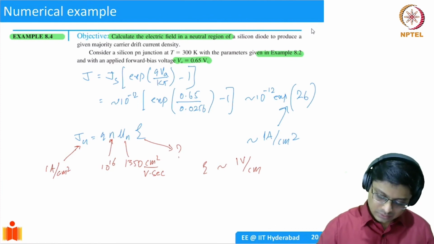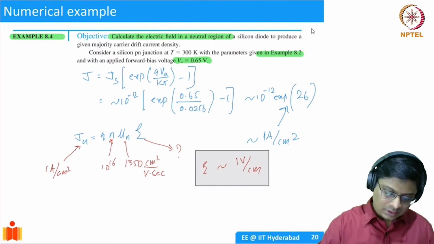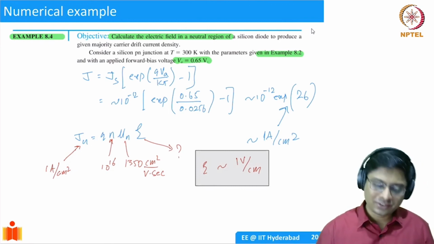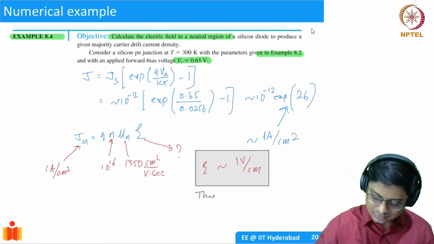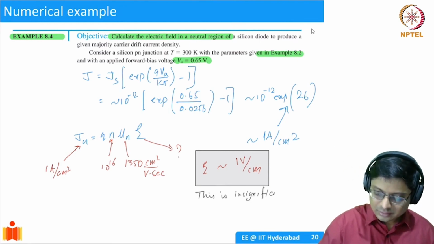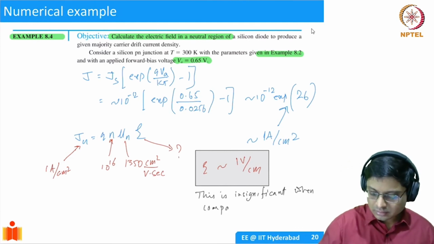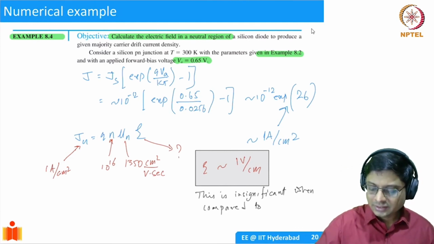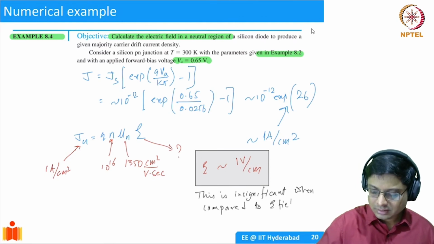So there is a very small electric field, okay? So this is insignificant when compared to the E field in the depletion region.